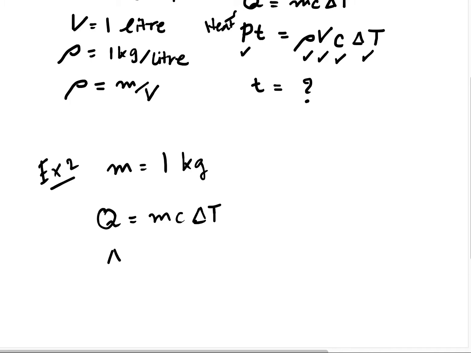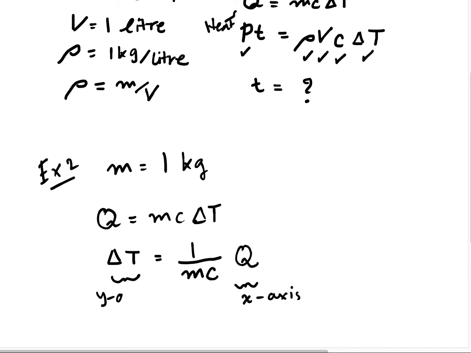So I can just write down the temperature change as delta T = 1 over mc times the heat transfer this way. So this part is going to be the x-axis. This part delta T is going to be the y-axis. And this part 1 over mc is going to be the slope of the graph.